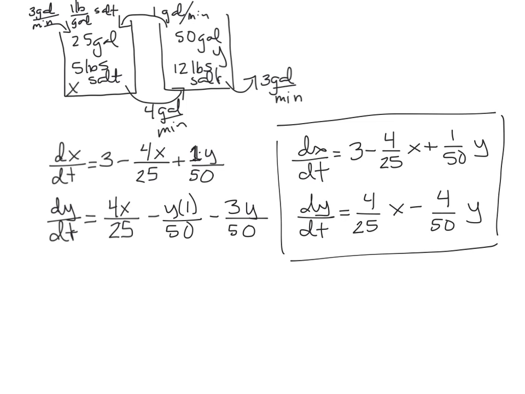Oh, do you know what else I should add is the initial conditions. So not only do we have these, but we also have that x at 0 is, how many pounds of salt are in that first tank? Looks like 5 pounds of salt. And the amount initially of salt in that second tank, y at 0, looks like 12. All right, and there is my initial value problem for a multi-tank setup.